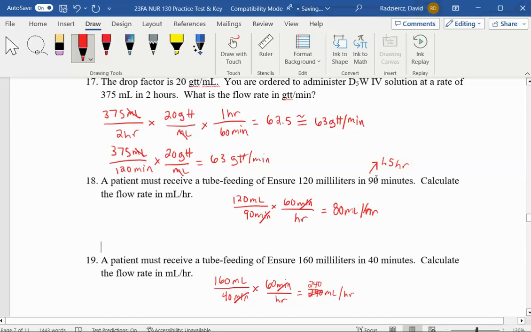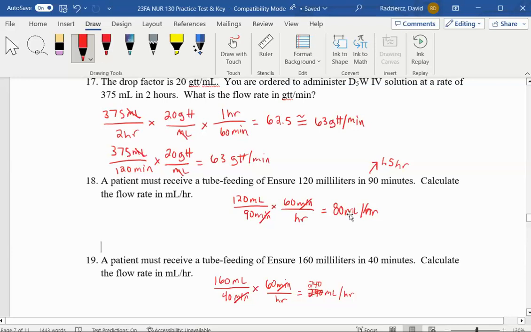Now, the shortcut to this, and I agree with this shortcut, is to convert that to 1.5 hours. But if you don't feel confident doing that, or you prefer the dimensional analysis way, you take your volume over your time, so 120 milliliters over 90 minutes, and then you convert minutes to hours. That's where you'll get your answer of 80 milliliters per hour.